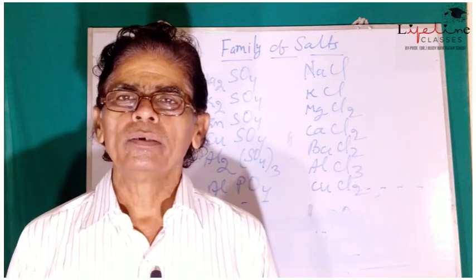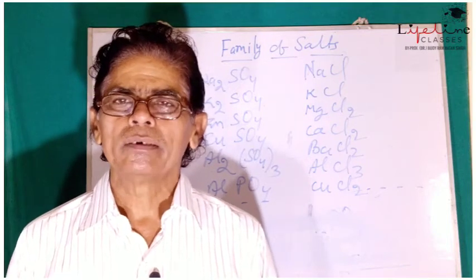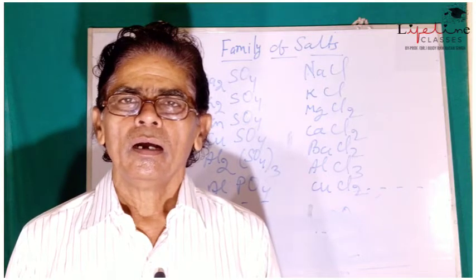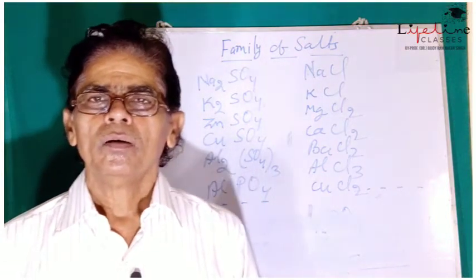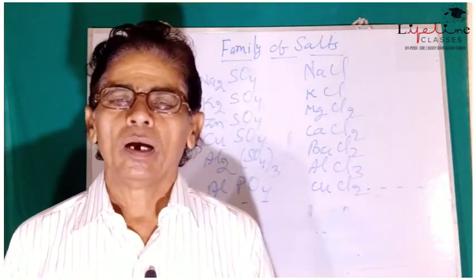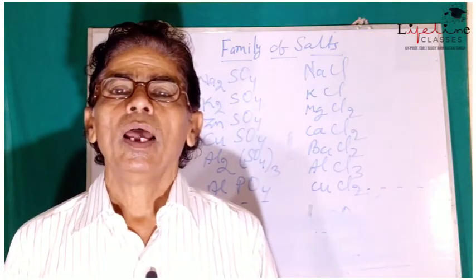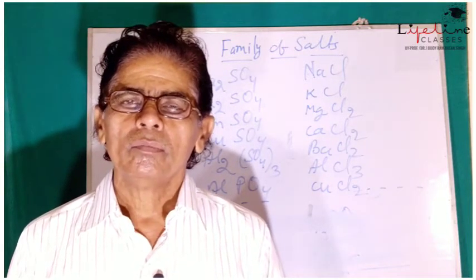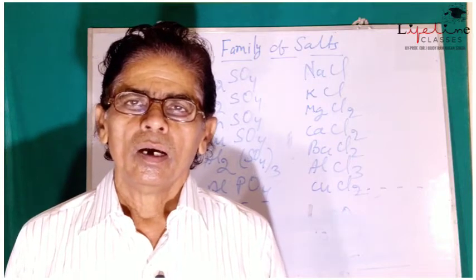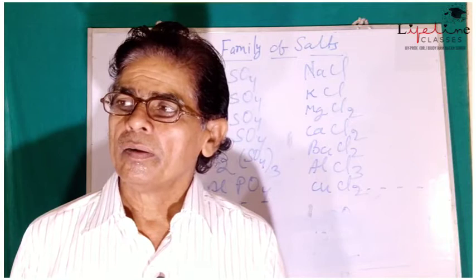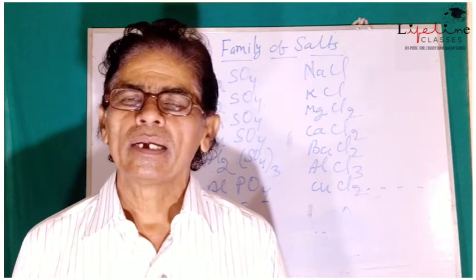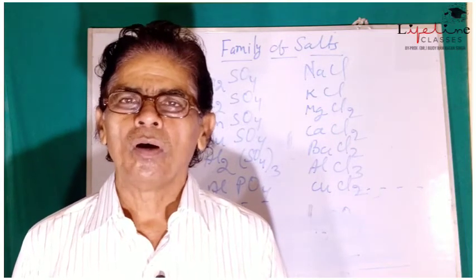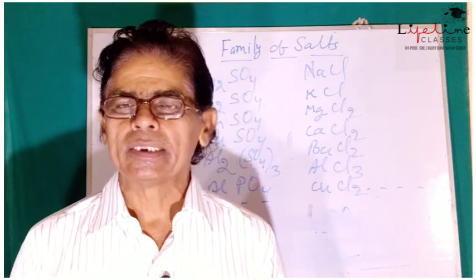Sodium carbonate is a salt formed by the reaction between sodium hydroxide and carbonic acid, H2CO3. This is a salt of a strong base and weak acid.